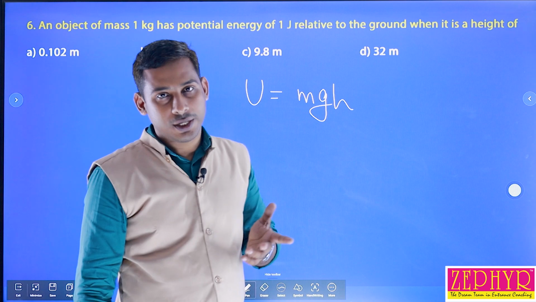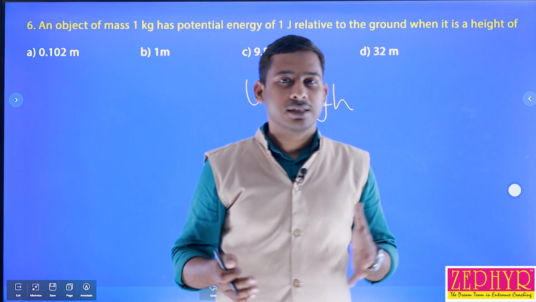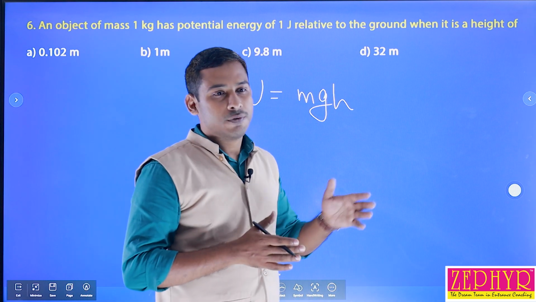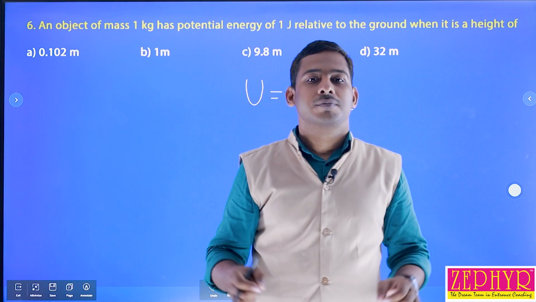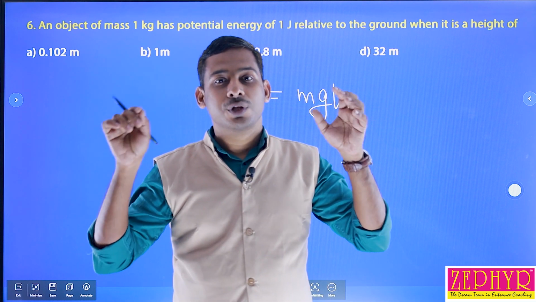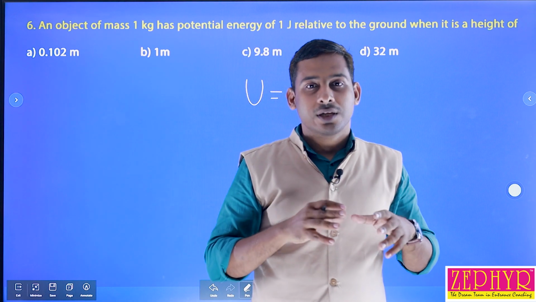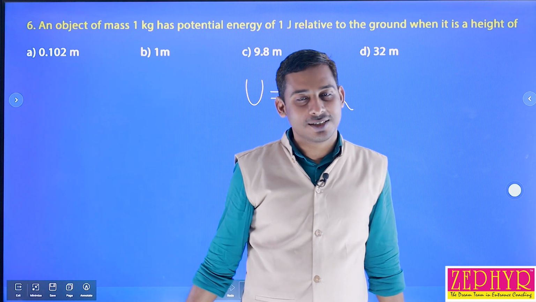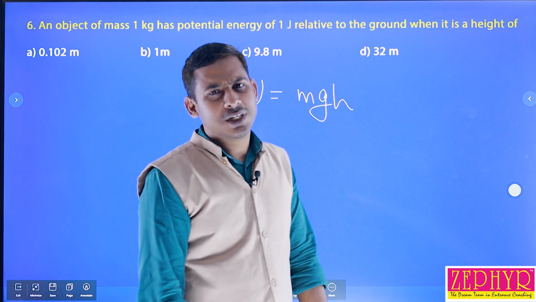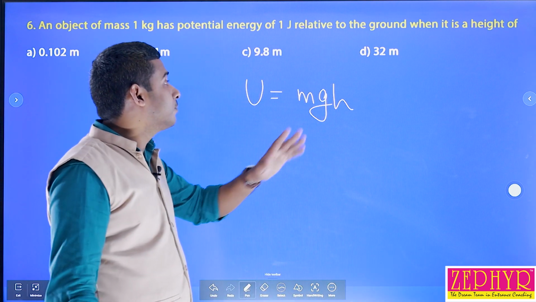Very easy equation only. We learned the concept in our 9th class textbook. Potential energy, the energy related to the position. Kinetic means related to the motion. Am I correct? Okay. So, we have the equation, very easy only, U equal to mgh.